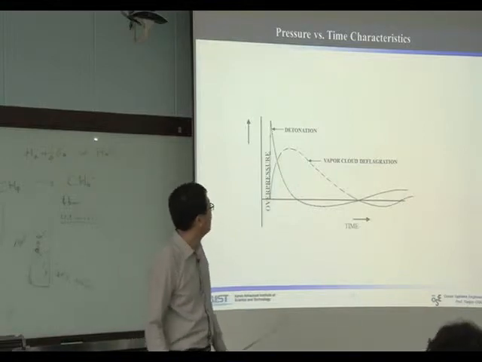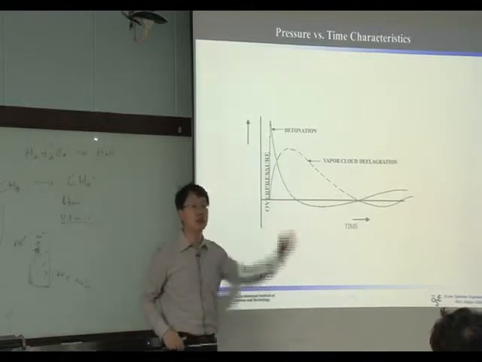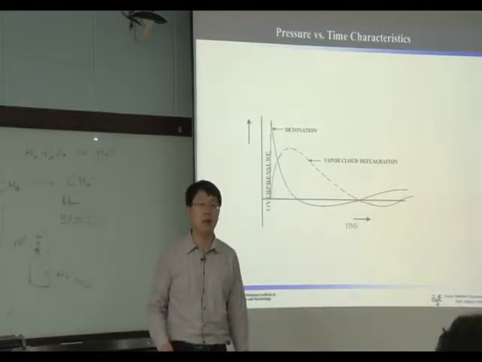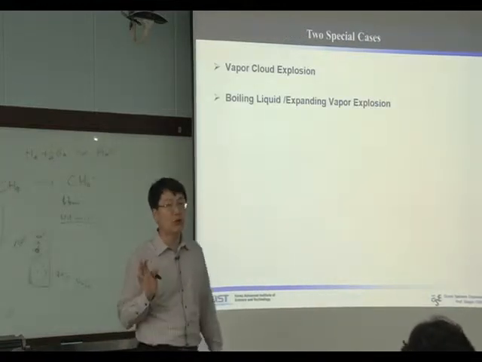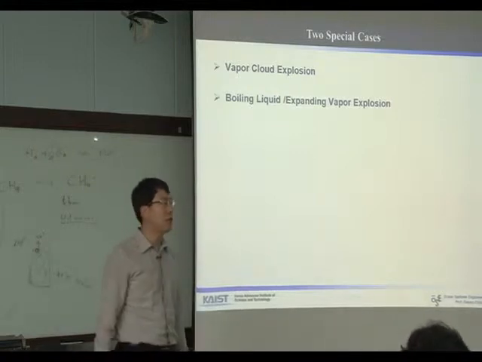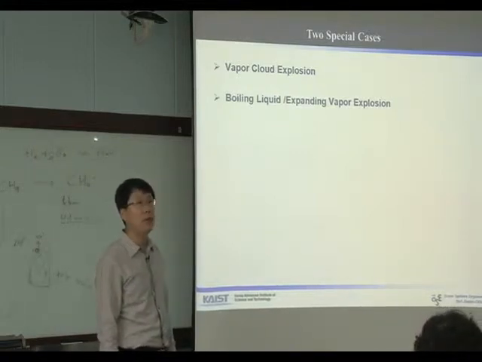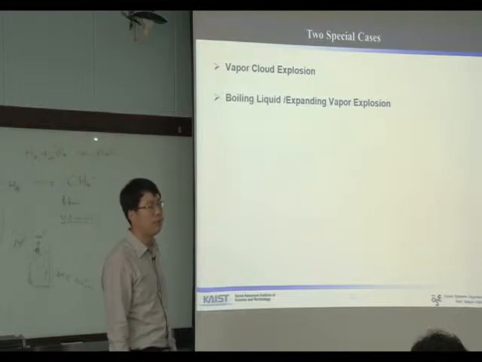And the detonation gives pressure surge, pressure peak. Let's check two types of explosion. First one is vapor cloud explosion. Second is boiling liquid expanding wave explosion.